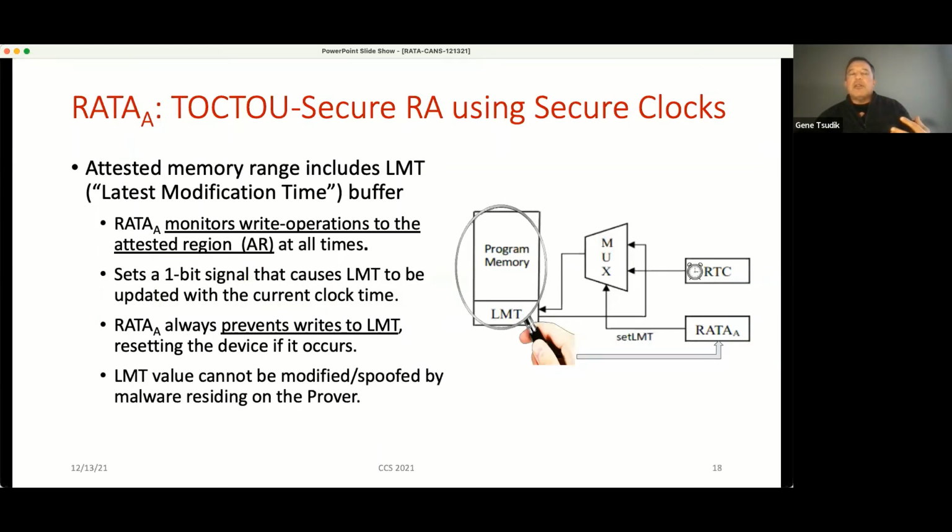Any malware that is potentially resident on that prover is by definition software, so when it tries to modify the LMT, the device resets immediately. So essentially malware is incapable of modifying LMT, or no software can modify it.